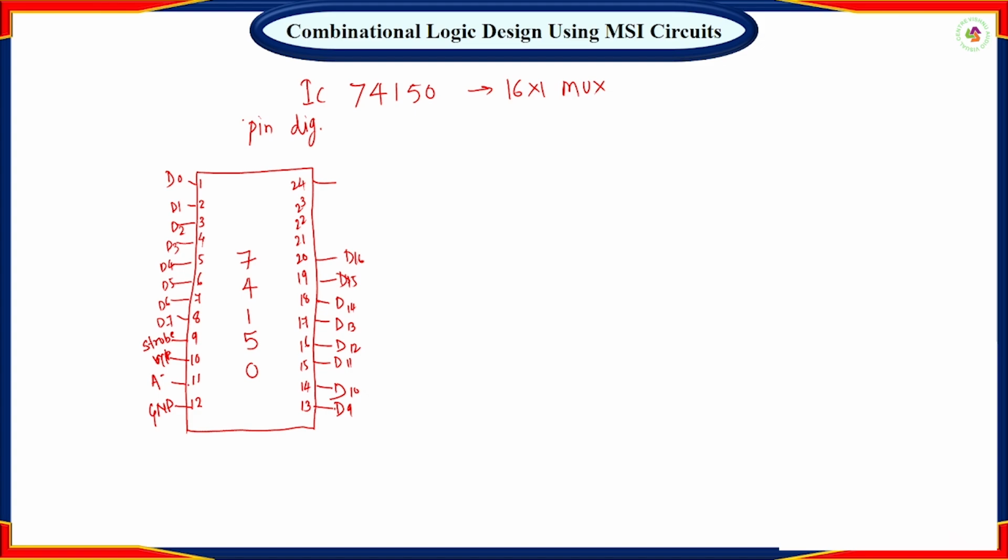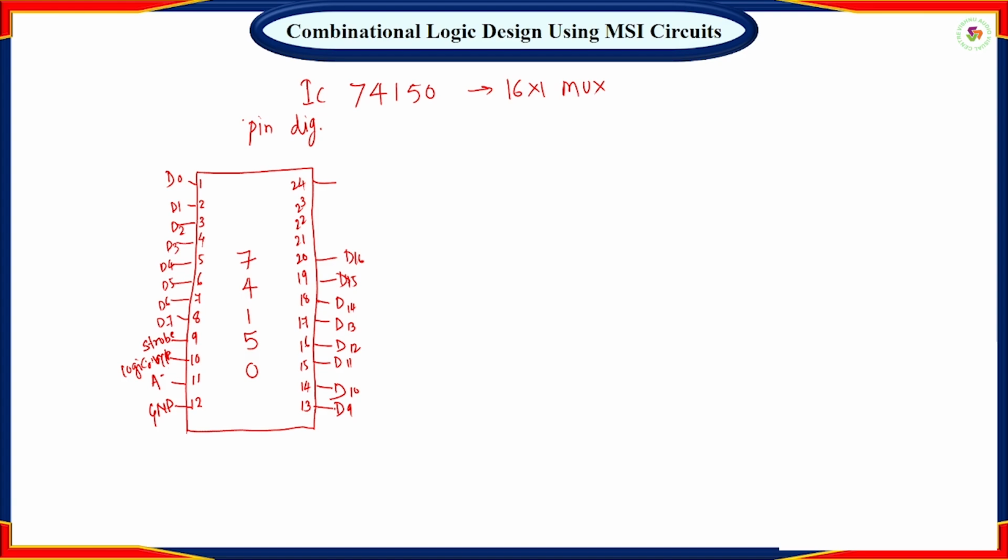So if you implement this function using the IC 74150, it has the output as logic low, like 0, and these are the data input lines. This is one of the ICs, the 74150, used for design of a multiplexer, right?